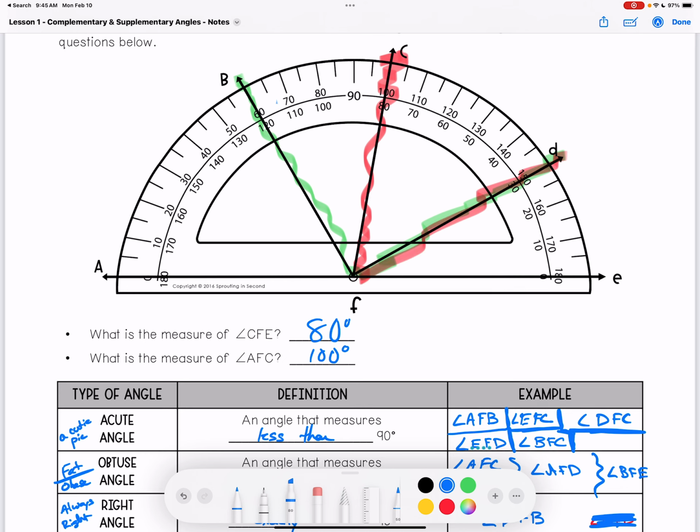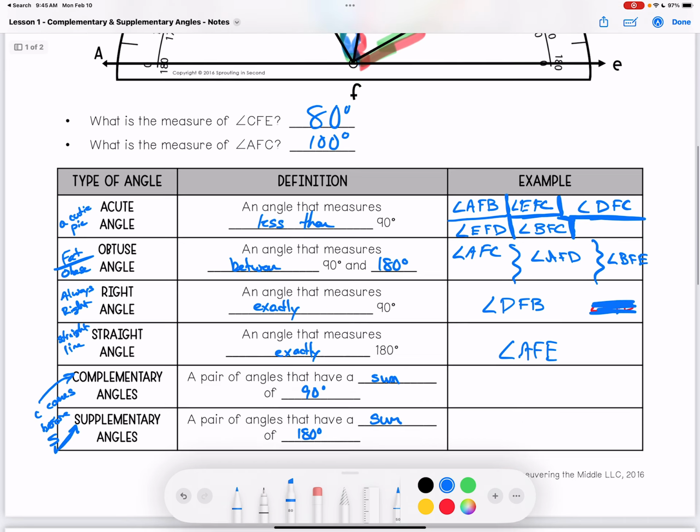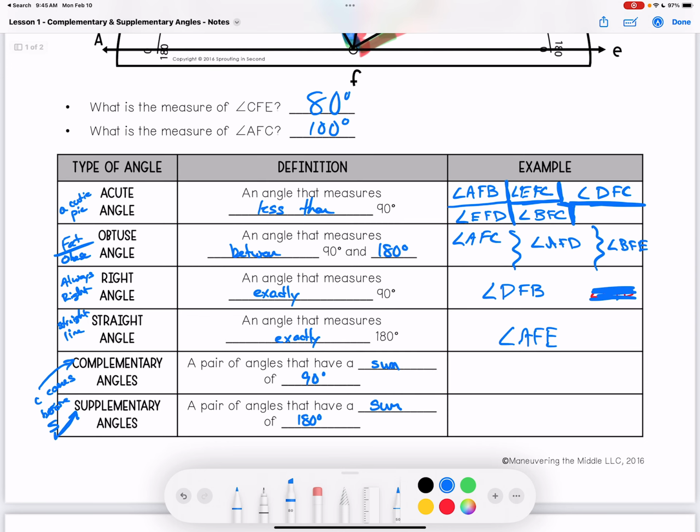CFD and CFB. Okay, those are the two inside of that. So BFA and DFE or EFD, however you want to put them.